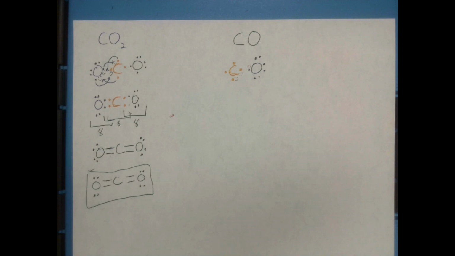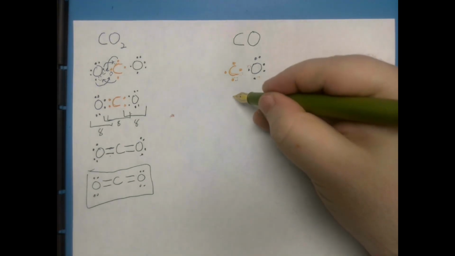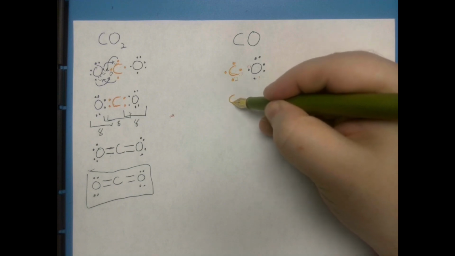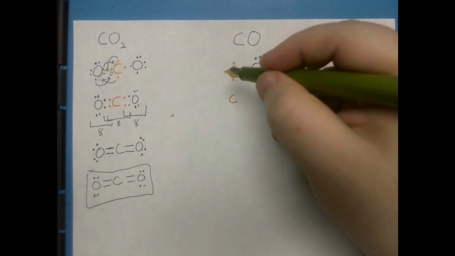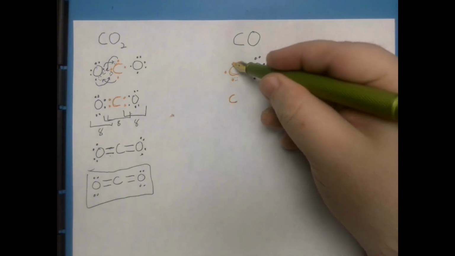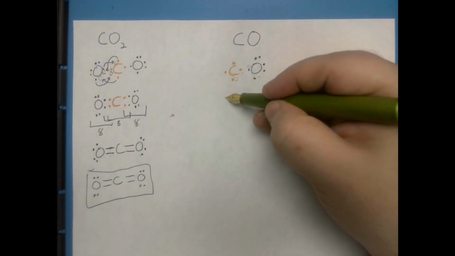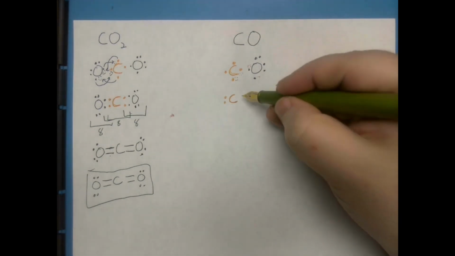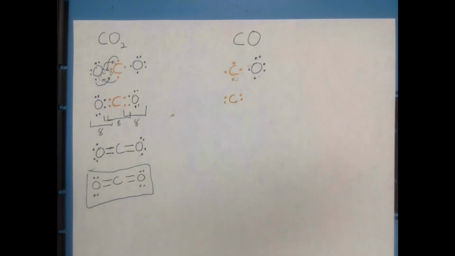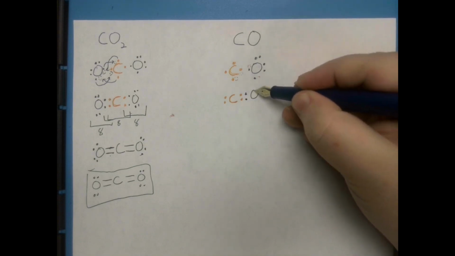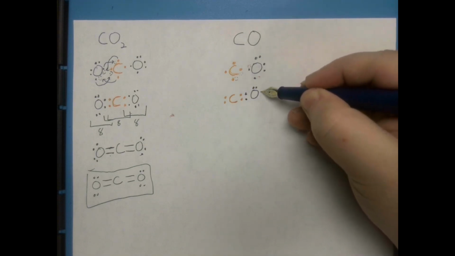So I can go ahead and do this. And one thing you should note is on a molecule, you will never have an electron by itself. So I'm going to take these two remaining ones and pair them off, make an electron pair. And then I'm going to have two electrons here that are going to be shared along with two oxygen electrons, like this.